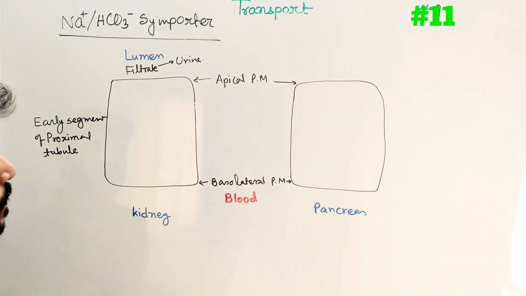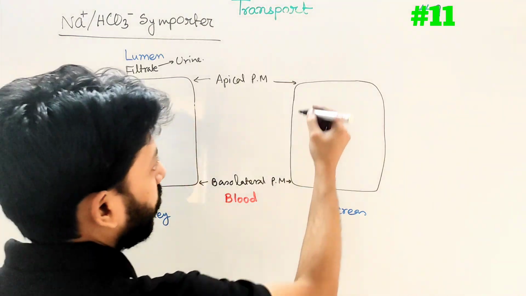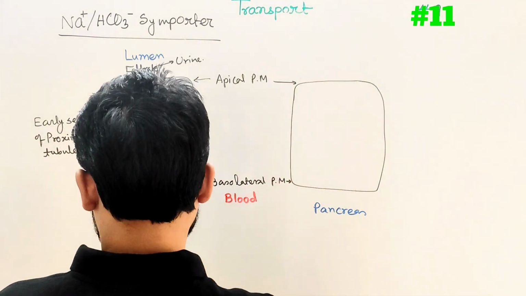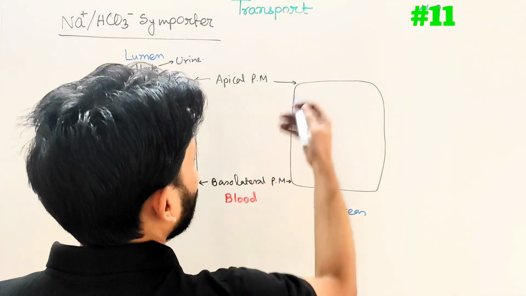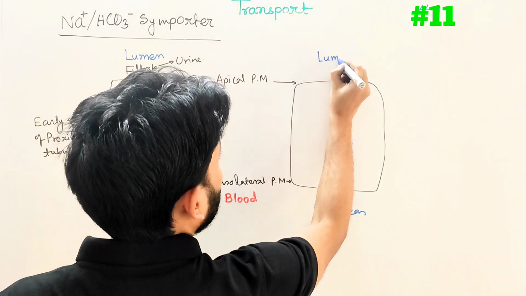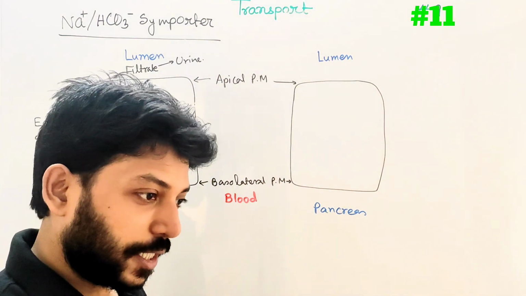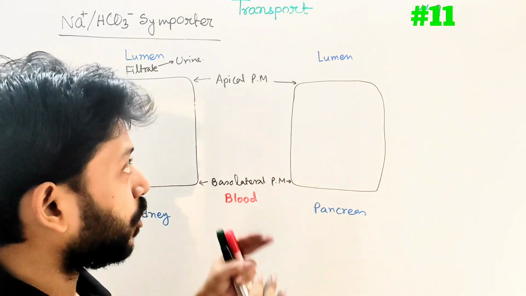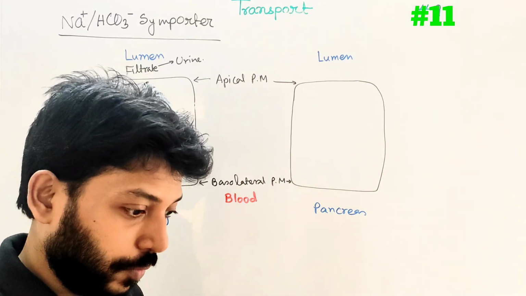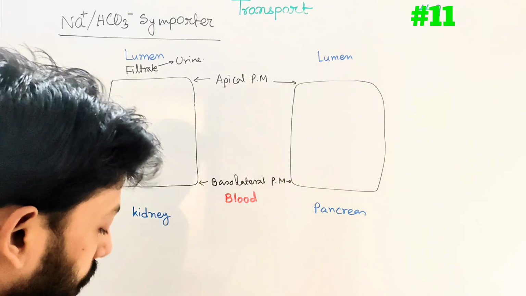Okay, we have to understand this. And in this case, the pancreas faces the lumen where food comes from the stomach. So it is actually acid loaded contents of the stomach.